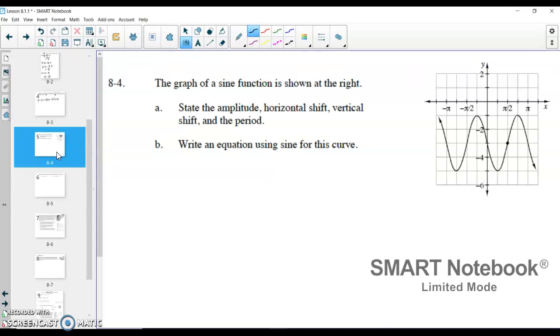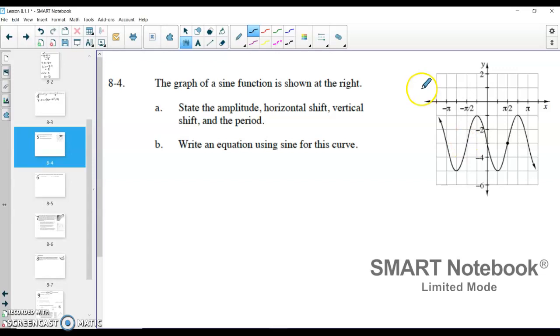Looking at this graph here, we want to state the amplitude, the horizontal shift, the vertical shift, and the period of this function. And that's a pretty tough one to do. I can see that the function completes 1 full cycle.